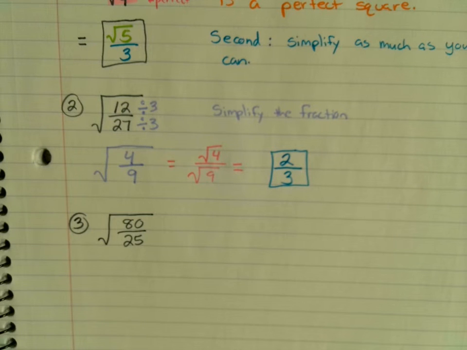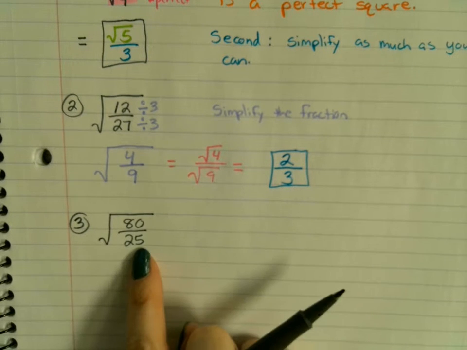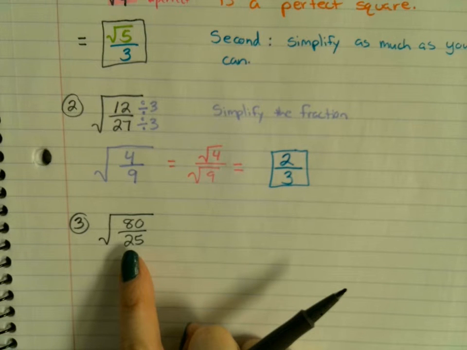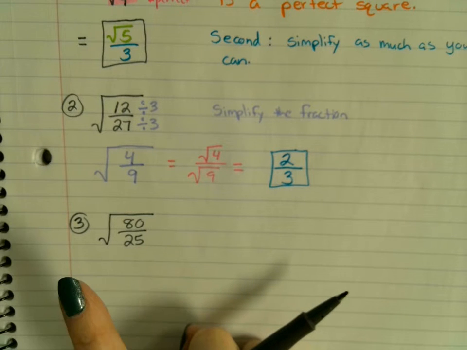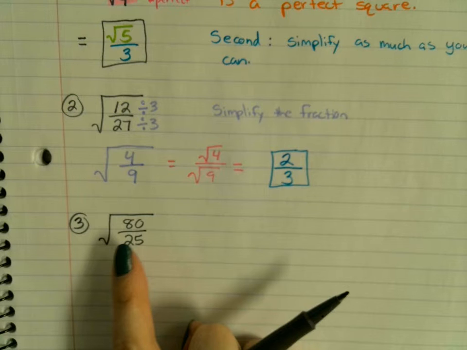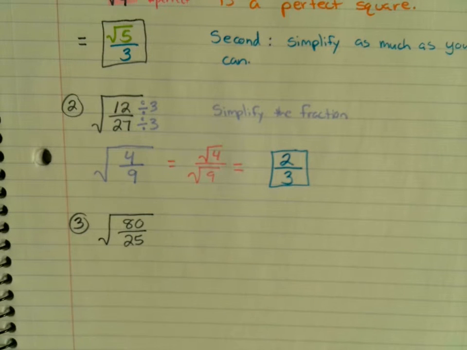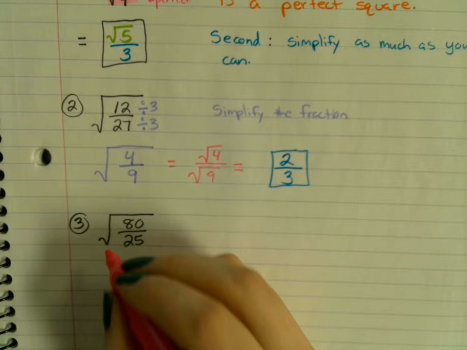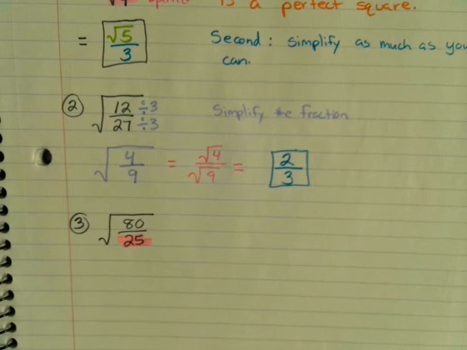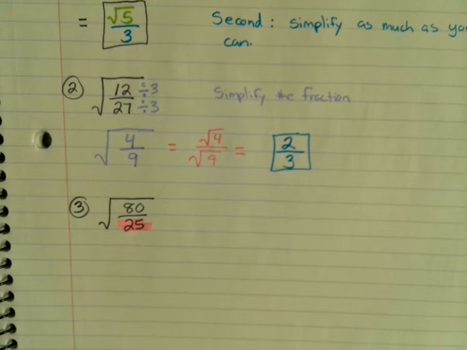However, I don't want to simplify because 25 is perfect. I want to deal with that perfect square first because it makes it easier. Because you're not allowed to be left with a radical in your denominator.